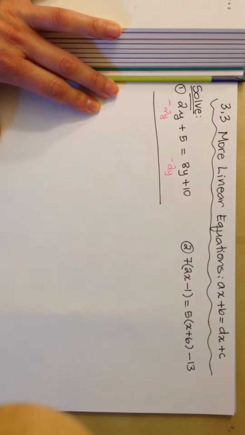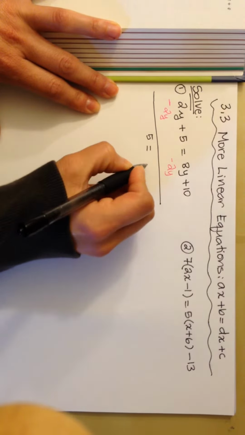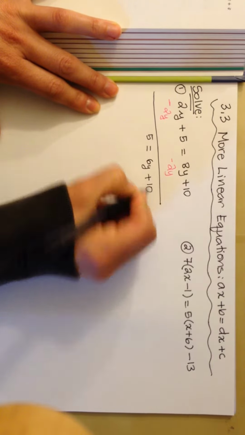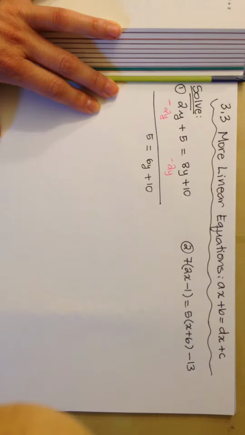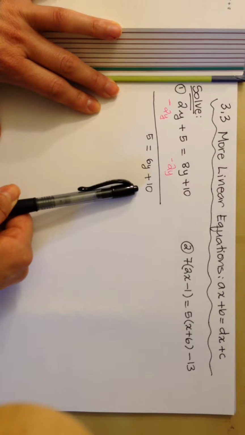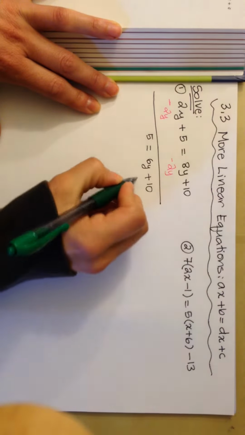Okay, so when we do that, we are left with 5 equal to, we subtract here, that gives me 6y plus 10. Next, we subtract 10. From this point, it's the same type of equation that we have solved before. Subtract 10 from both sides. Let's use minus 10.